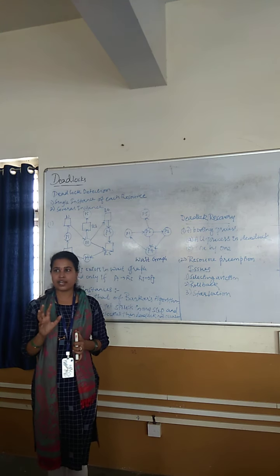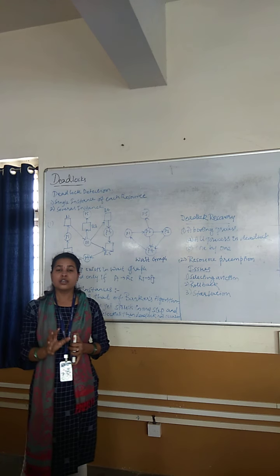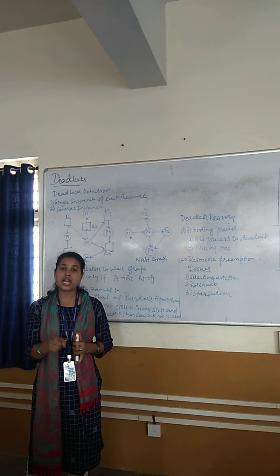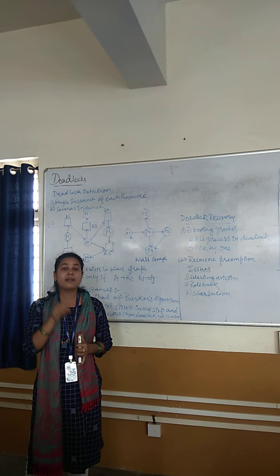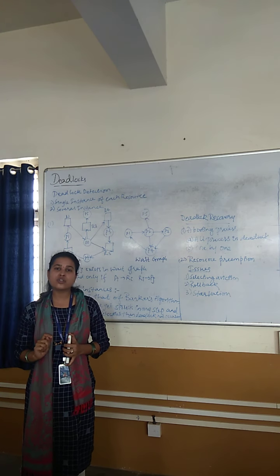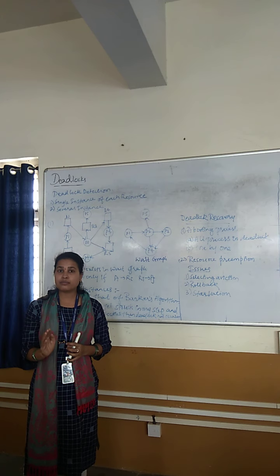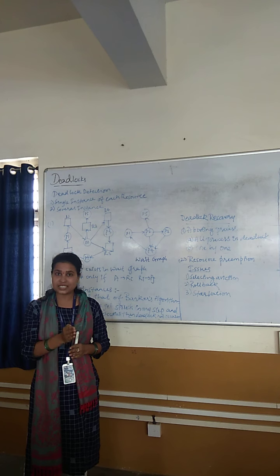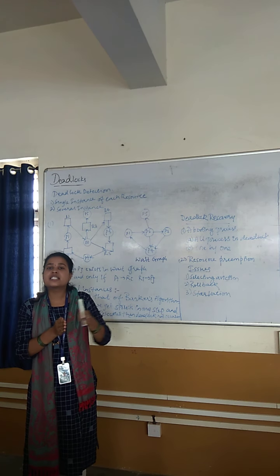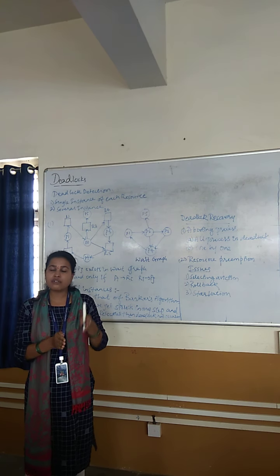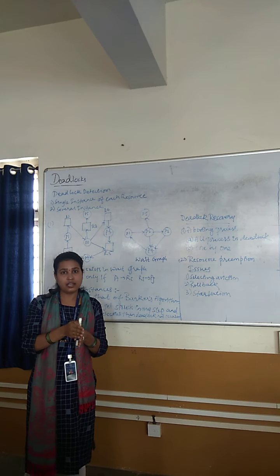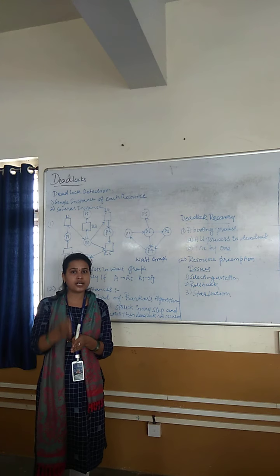Rollback means what? See, whenever you are getting some error, you do refresh. So when you do refresh, that process will start from the beginning. But every time starting from the beginning is not the solution. So sometimes you have to take care that you should start from a place till where it is safe. That is rollback. This rollback condition you studied in database.